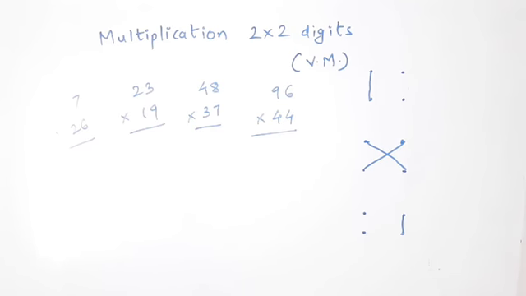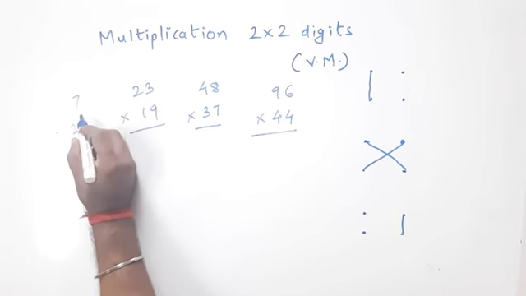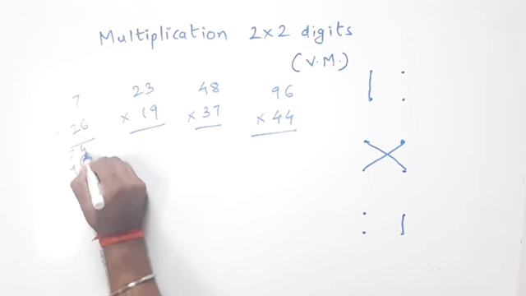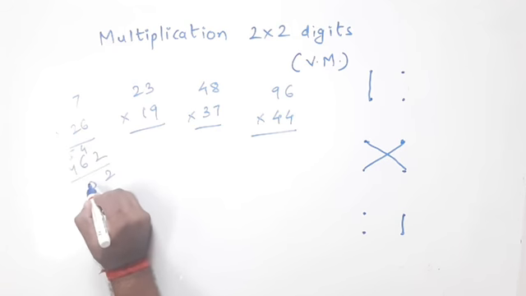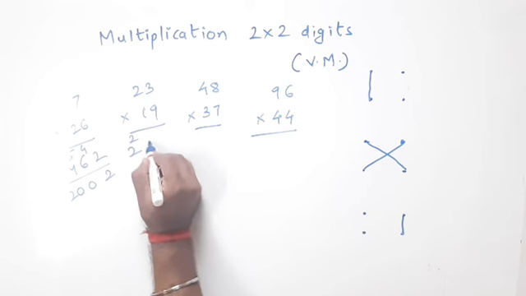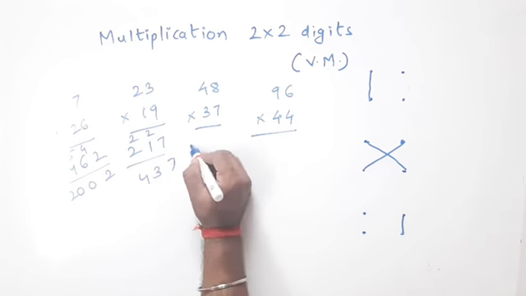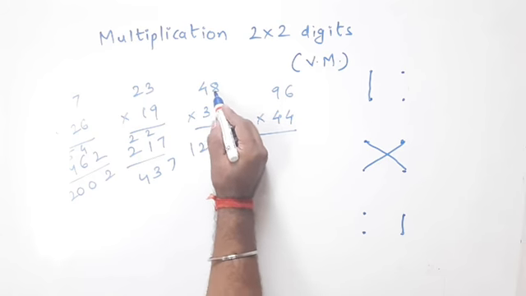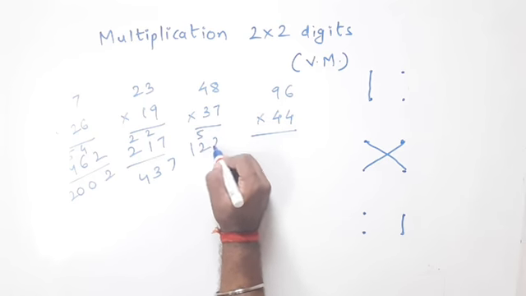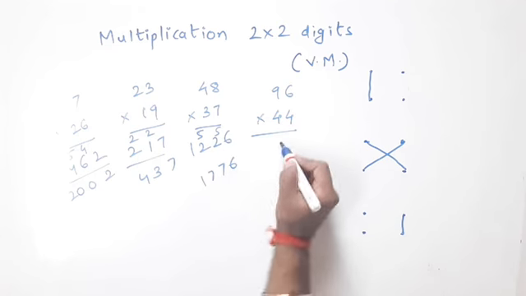Time up, students. So quickly we'll see 14, 42 plus 14, again 42. This is 2, 1, 0, 2. 2, 18 plus 3, 21, 27, 7, 3, 4, 12, 28 plus 24 is 5, 2, 52, 56, 6, 7, 7, 1.